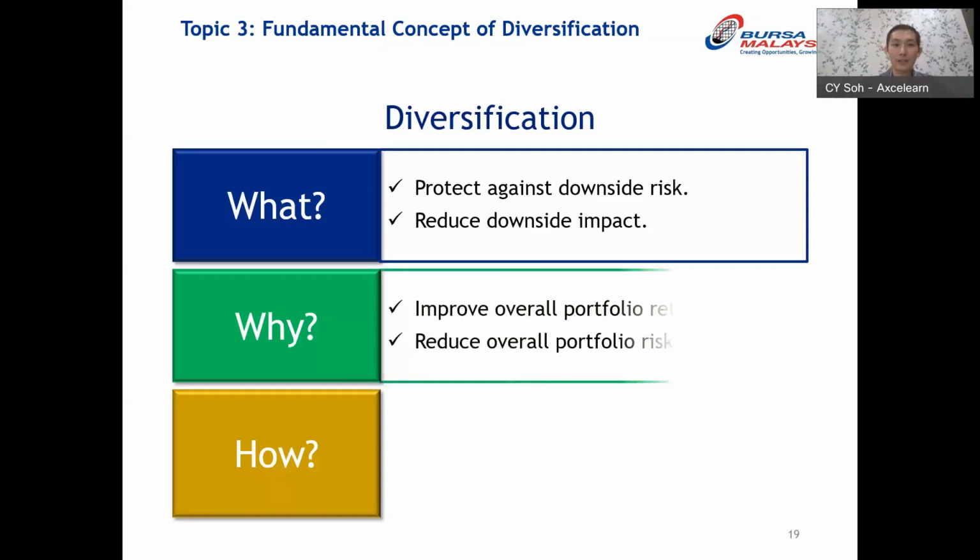Now, why is diversification important? Earlier I told you that diversification is like the air that we breathe. Most of the time, people would appreciate it only when bad things happen. So let's say you are an investor or trader who wants to double your money in the same period of time.